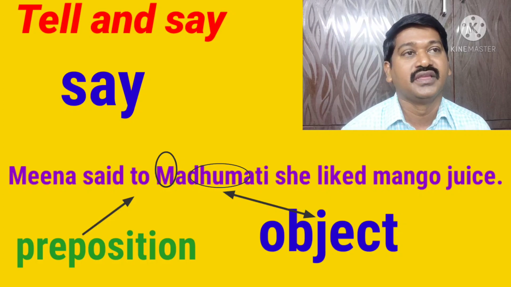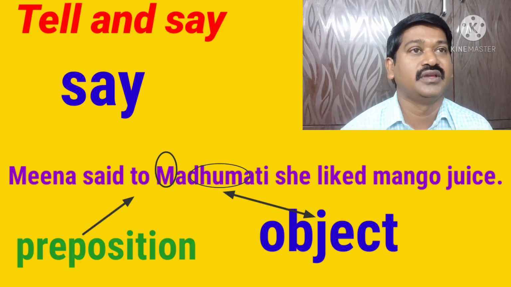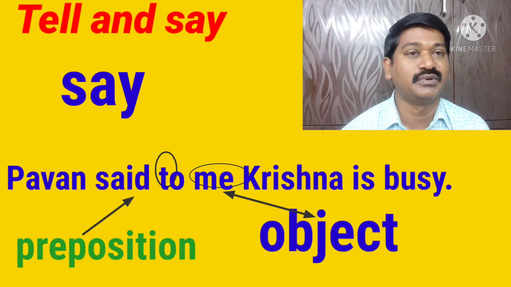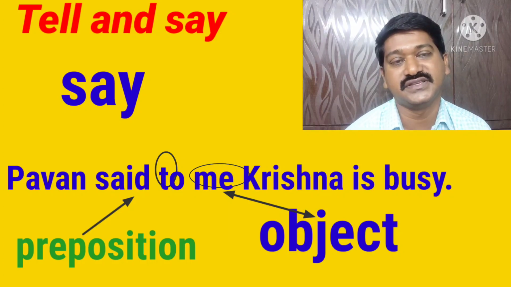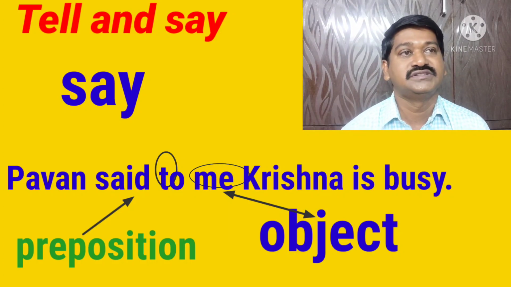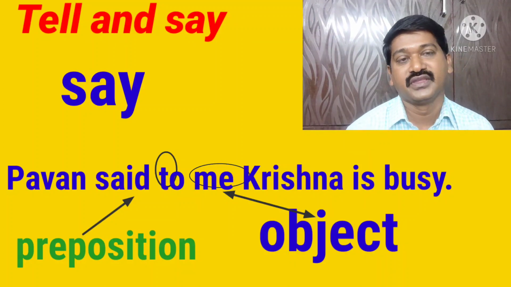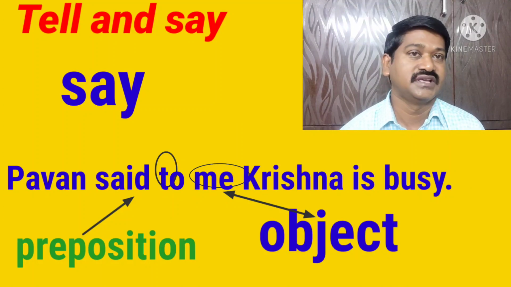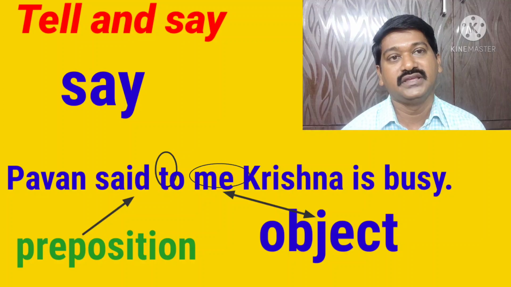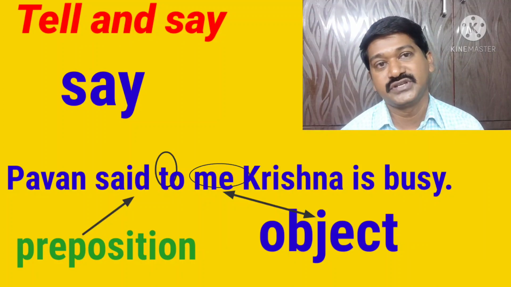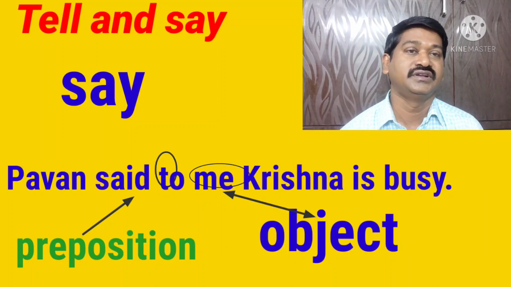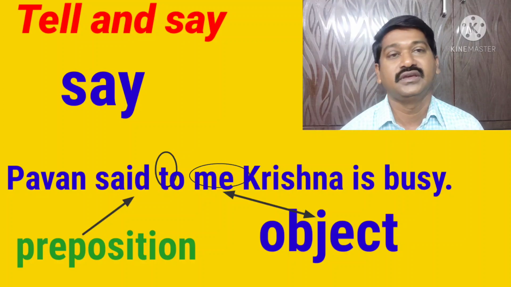In the same way, Pawan said to me, Krishna is busy. Generally there is a rule that after said we shouldn't use an object, but here after said there is the preposition to, so after the preposition to we can use the object.